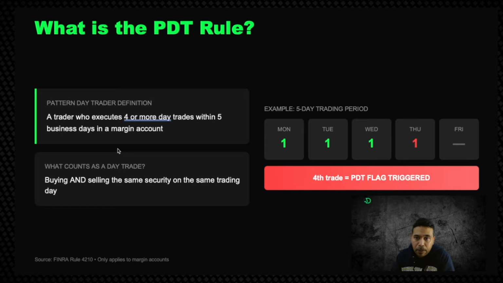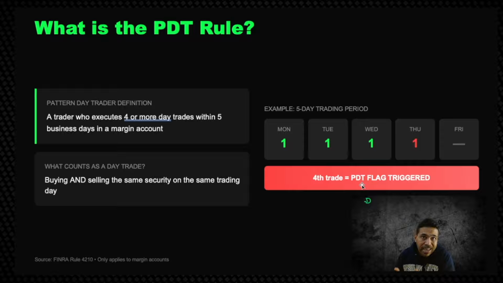For example, if you do these 4 which you see in green on Monday, Tuesday, and Wednesday, back to back, you do a day trade. Then on Thursday, if you do one more trade, on that 4th trade you're going to be flagged as a PDT, a pattern day trader.